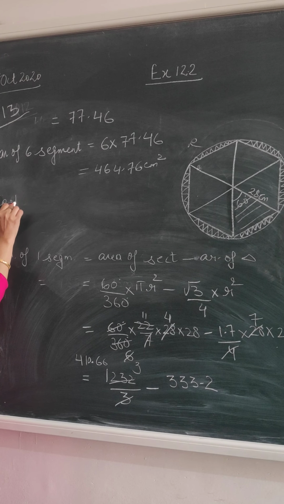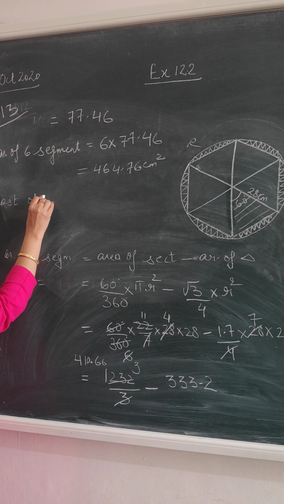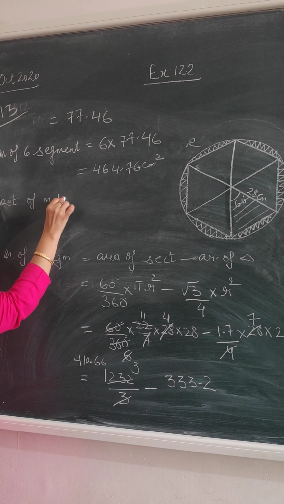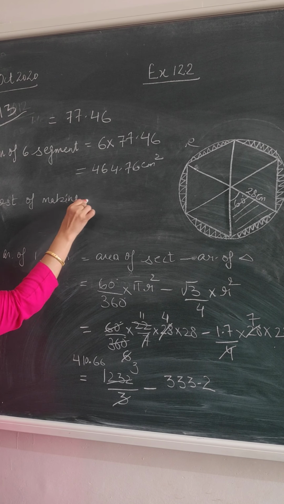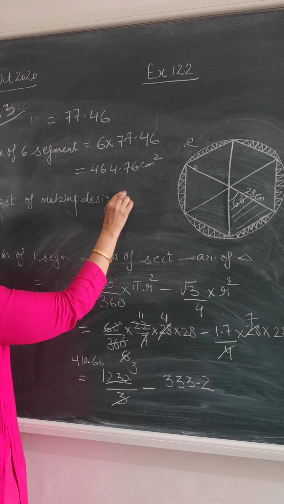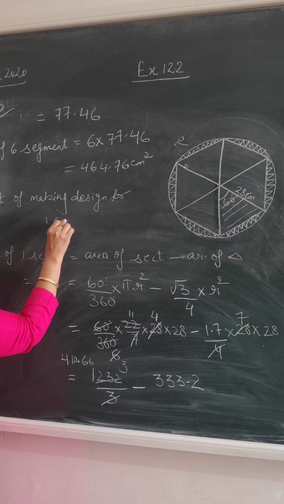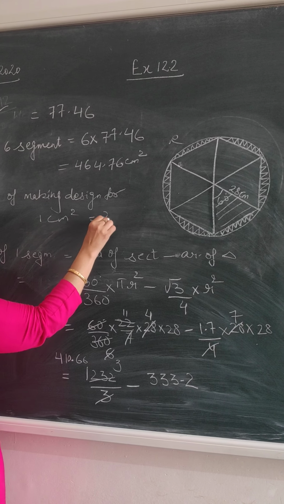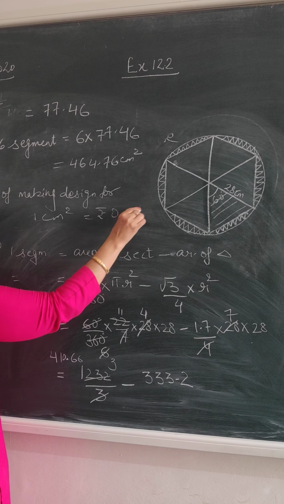Now cost of making design for 1 centimeter square is equal to rupees 0.35.